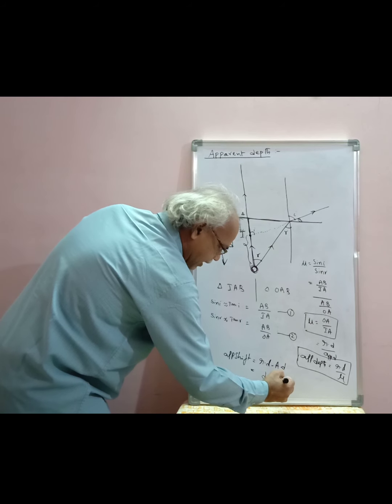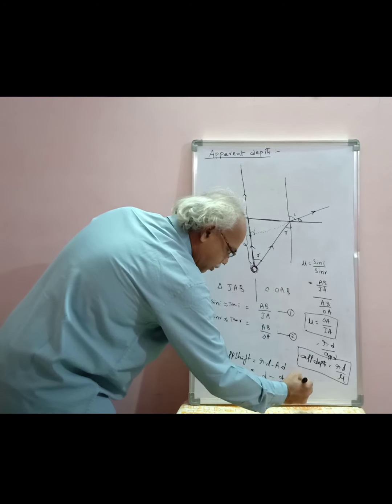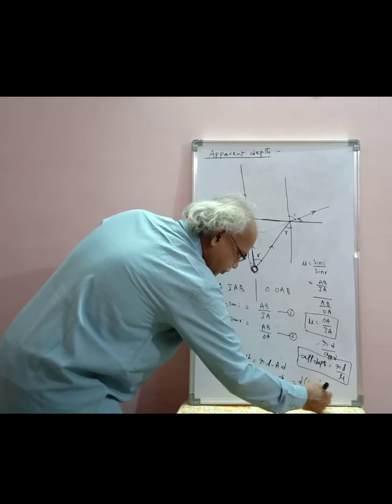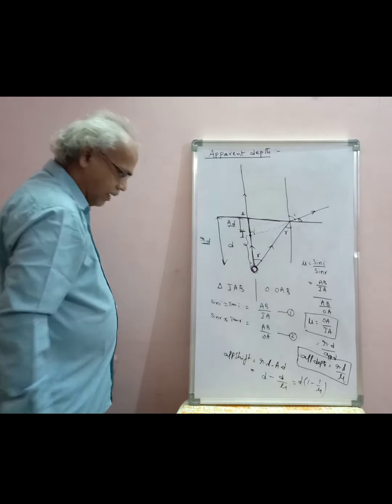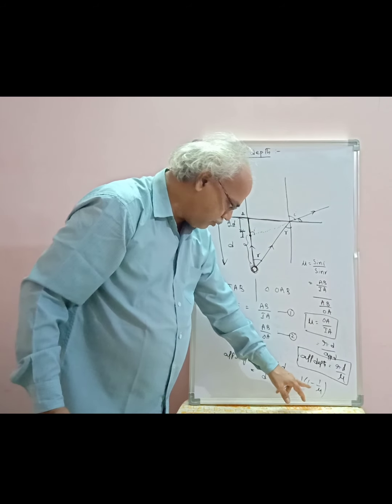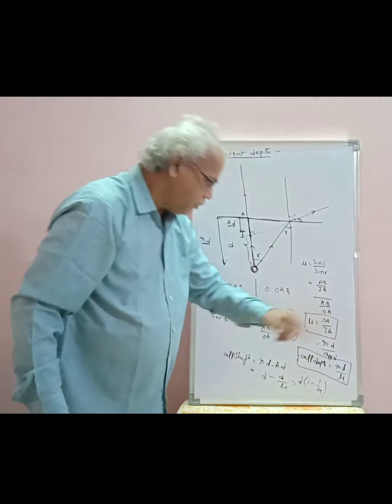So d minus d by mu, with d taken as common, is d into 1 minus 1 by mu. It is called the apparent shift. Apparent shift is equal to d into 1 minus 1 by mu.